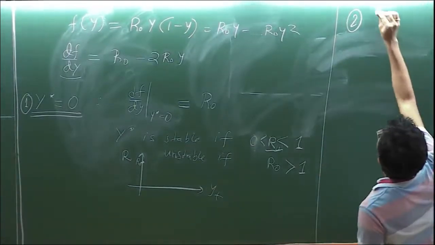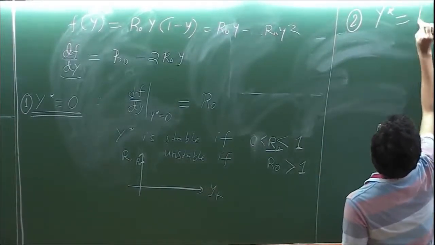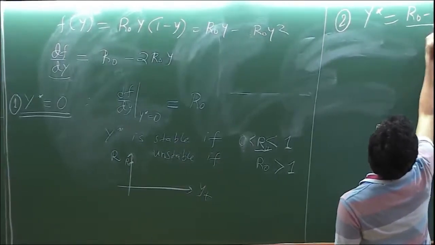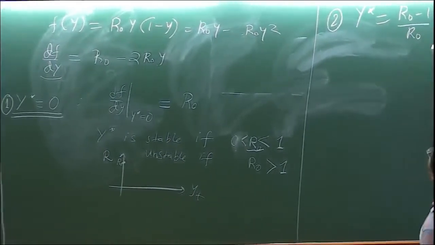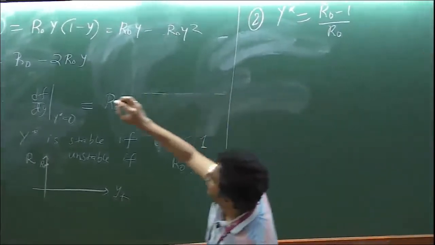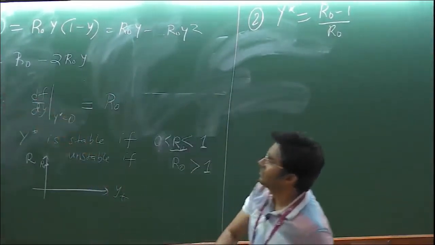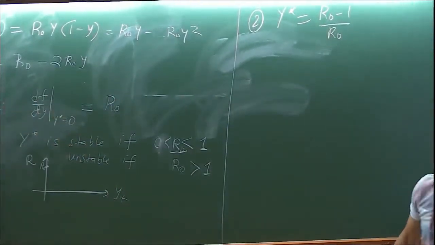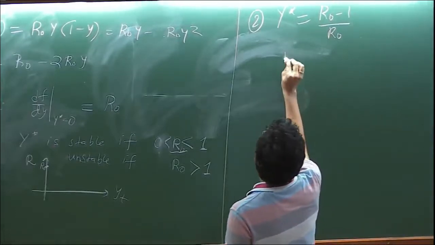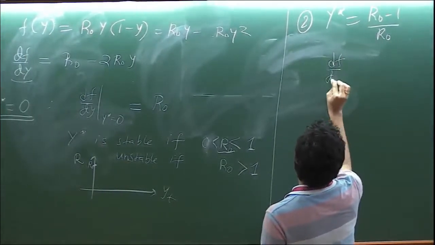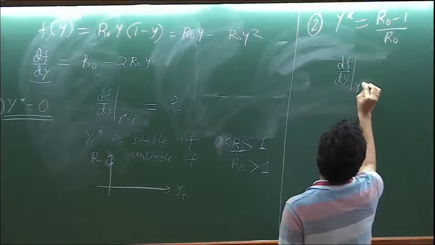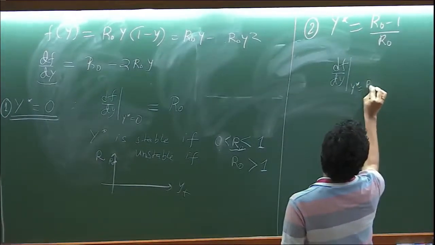So what's the other equilibrium? R0 minus 1 by R0. So let us substitute this value in this expression. We want to evaluate df by dy at y star.